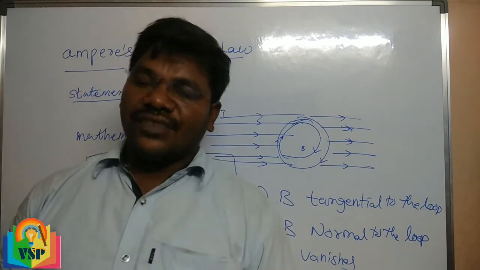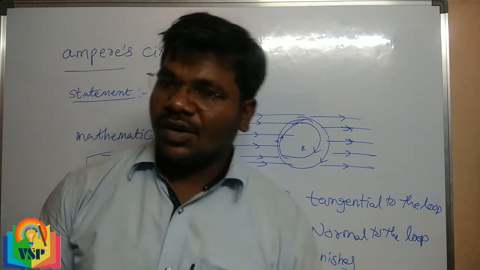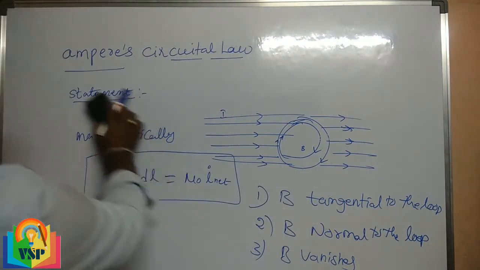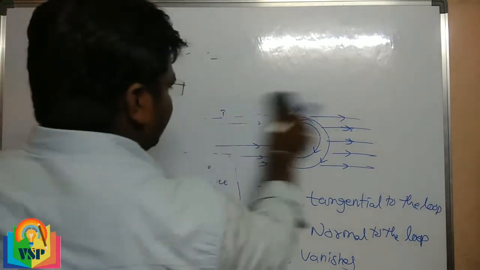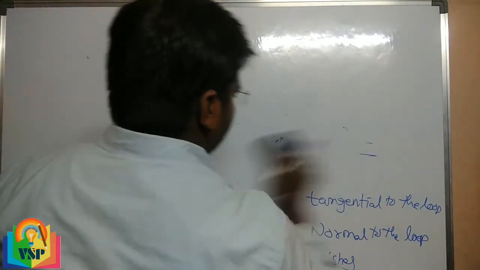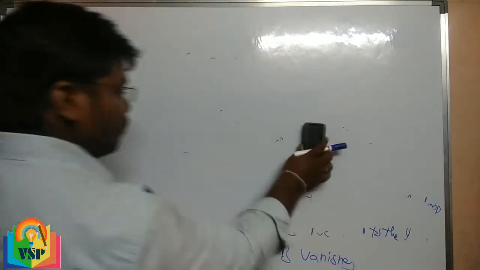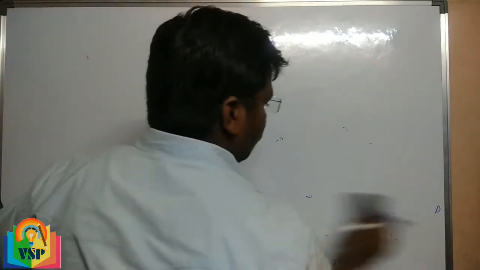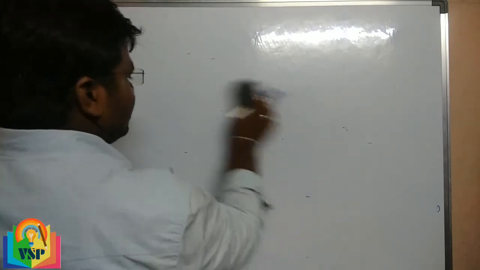Coming to the magnitude of the magnetic field of a straight wire using an Amperian loop. Using Ampere's circuit law, we have to find the magnitude of the magnetic field of a straight current carrying conductor.